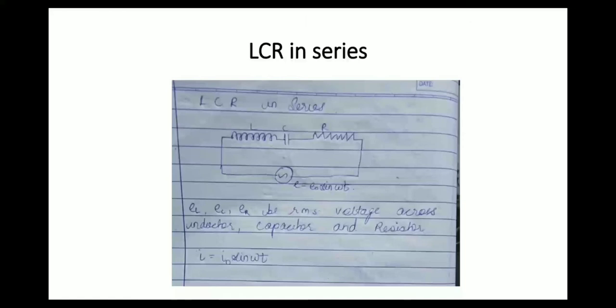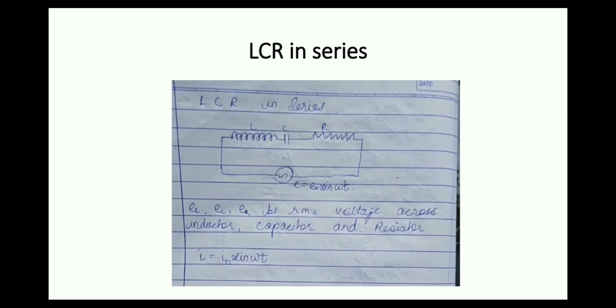C is the capacitor of capacitance C. R is the resistor of resistance R. Consider an alternating EMF applied to a series combination of a pure inductor of inductance L, a capacitor of capacitance C, and a resistor of resistance R, as shown in the figure. We name EL, EC and ER the RMS voltages across the inductor, capacitor and resistor.